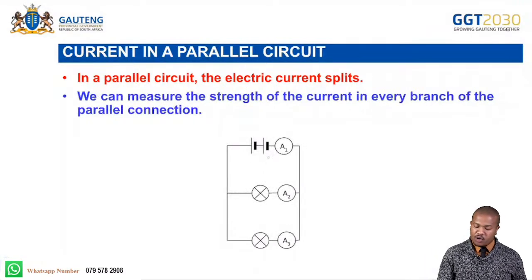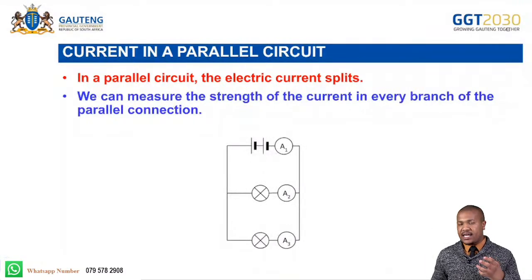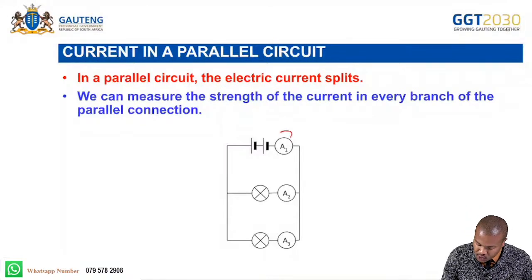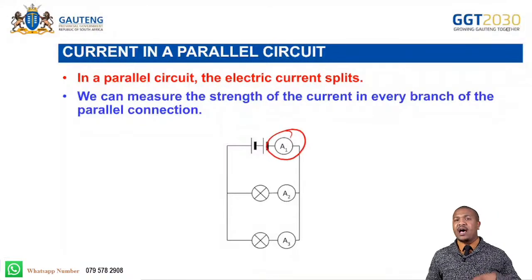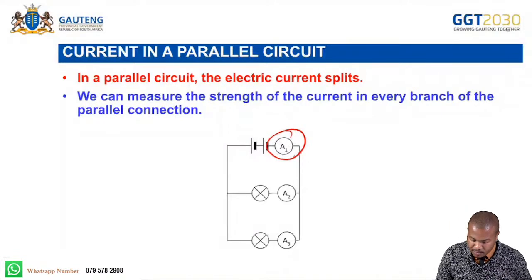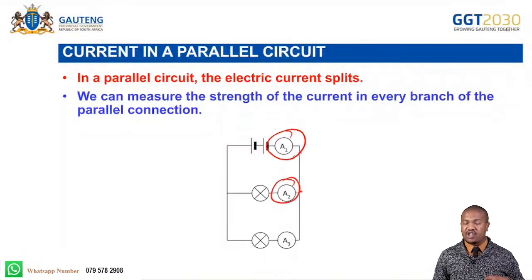So when you look at this, this is a parallel circuit as well. Looking at ammeter 1, ammeter 1 is measuring branch 1, and ammeter 2 is measuring branch 2.